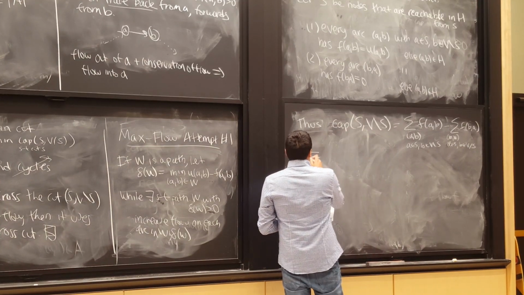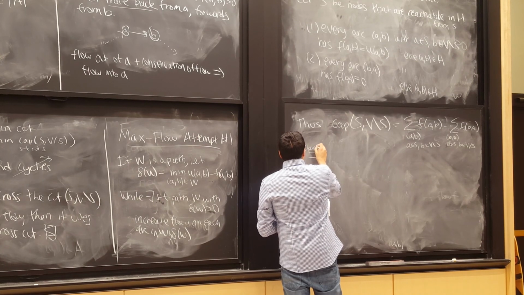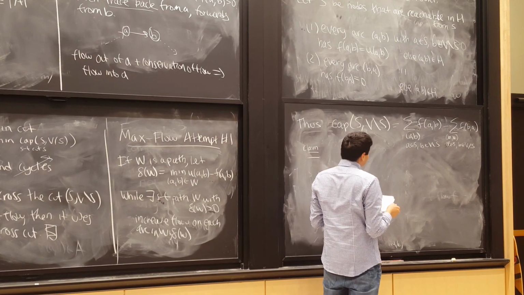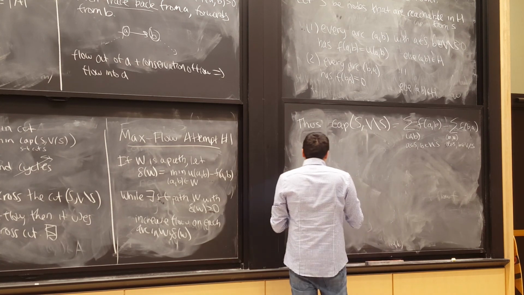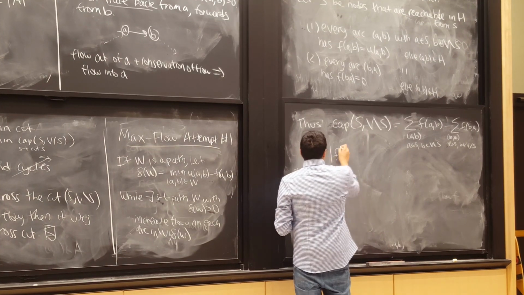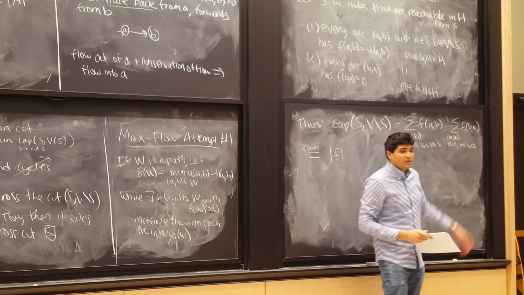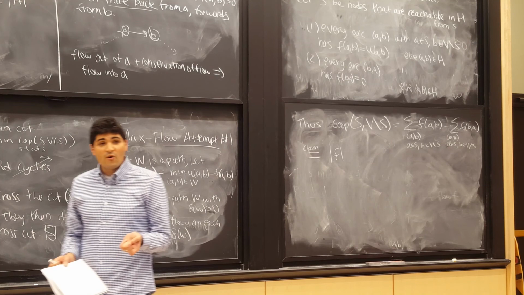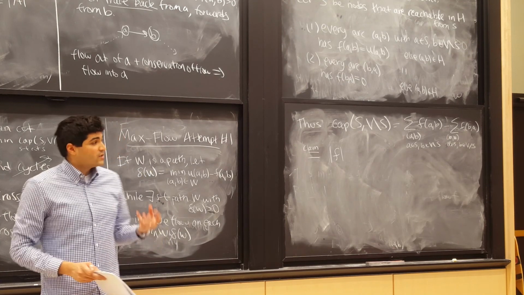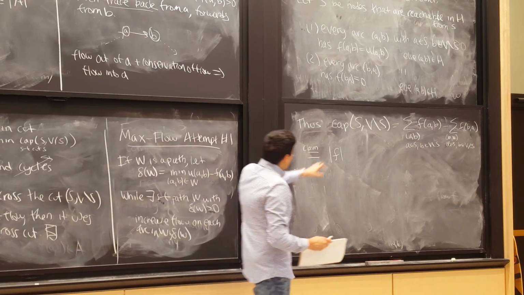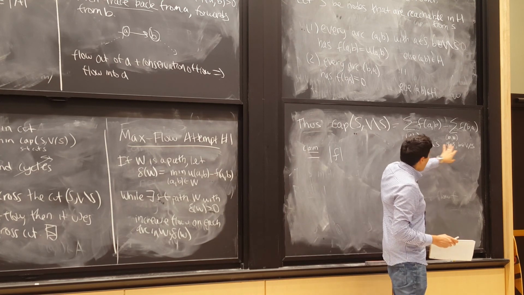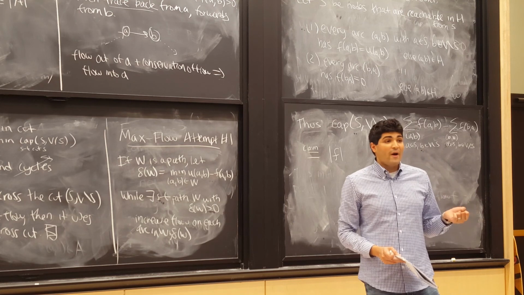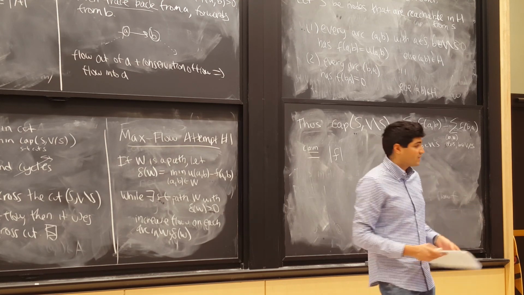And now what I claim is, this fact, the standard proof that you have of weak duality, the fact that the min cut bounds the max flow, is exactly the thing which tells you that this quantity right here is actually equal to the value of the flow. That's because you have conservation of flow in everything except for S. So if you were to take the entire set, capital S, and look at the flow out minus the flow in, that's nothing more than the same as the flow out of the source minus the flow into the source.